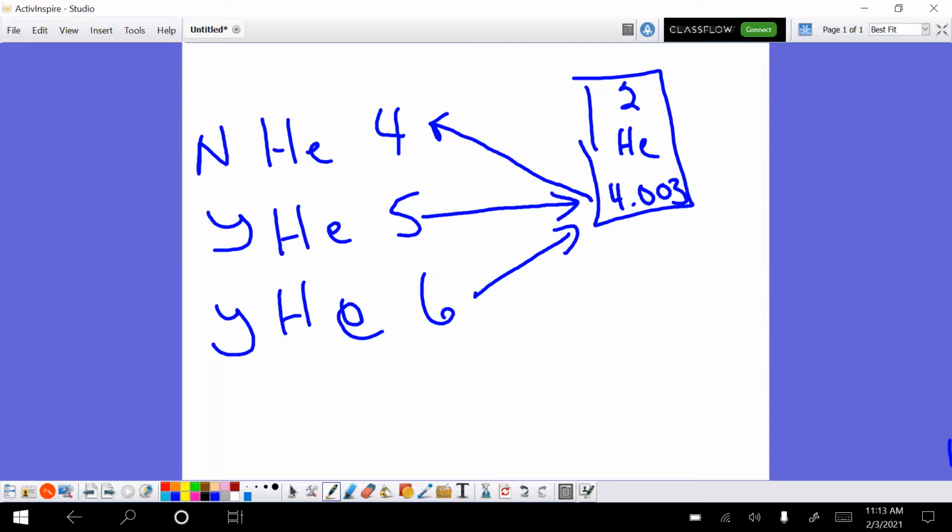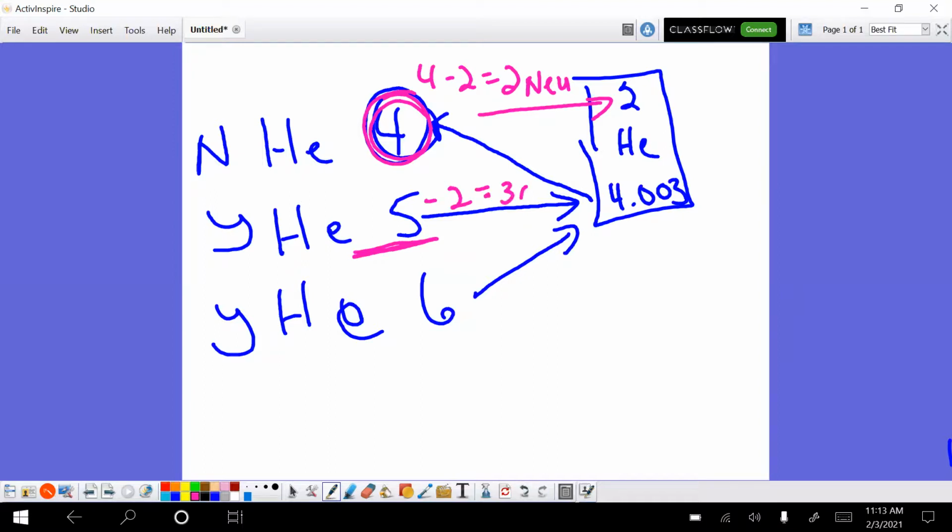All you're going to do is take this number right here, and I'm going to change my color. This number right here, and you're going to subtract out that number. So 4 minus 2 equals 2 neutrons. On this one, helium-5, 5 minus 2 equals 3 neutrons.